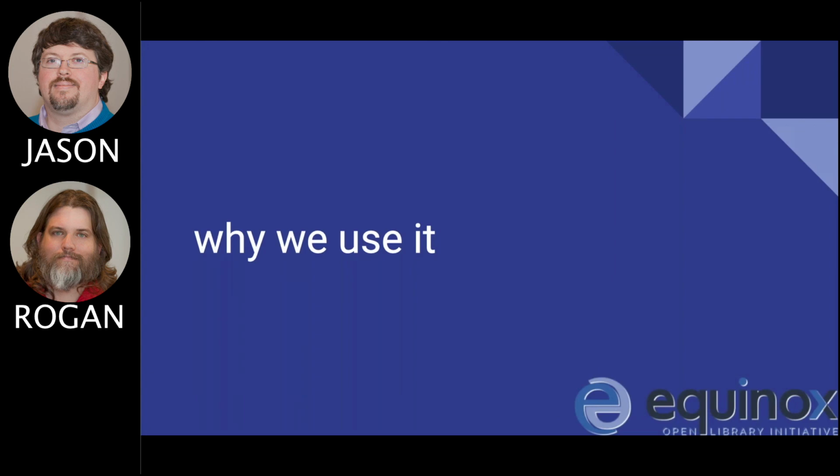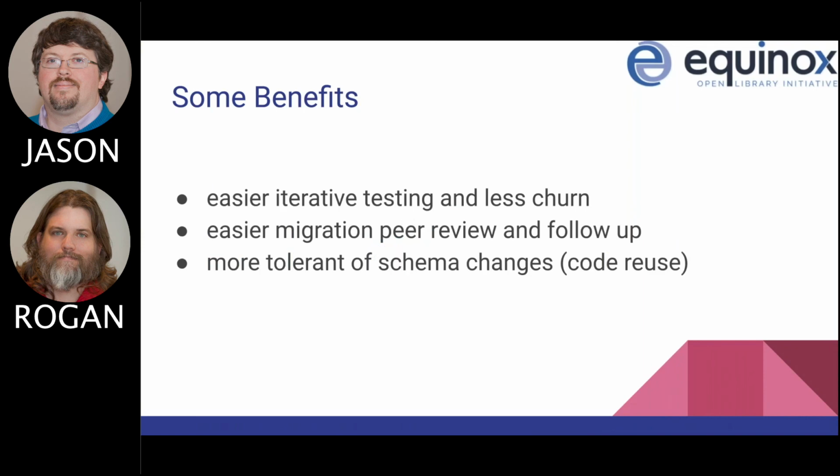Big picture wise, it's nice to be lazy. That's a virtue of programming, according to Larry Wall. You want to not take unnecessary effort. But there are actually a lot of advantages beyond automation to why we use the KMIG toolset. Some of those benefits include easier iterative testing and less churn.